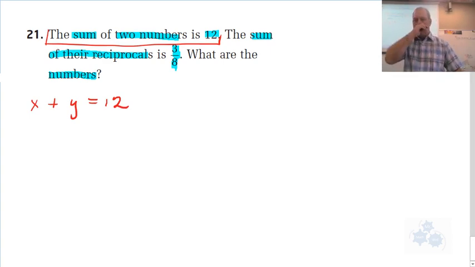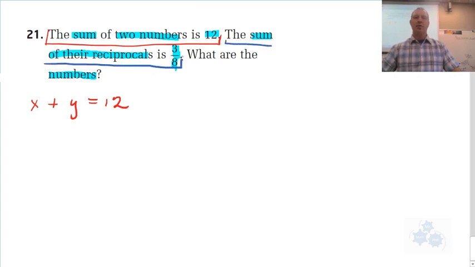Okay. Now, what's important though is if we're trying to solve an equation, we want just one variable. So right now we have two, so that's not great. So let's look at what other information is given. The sum of their reciprocals is 3 over 8. Oh, okay.